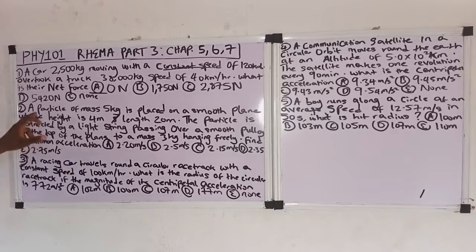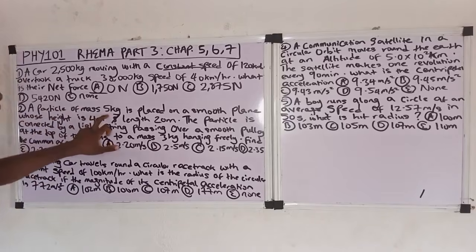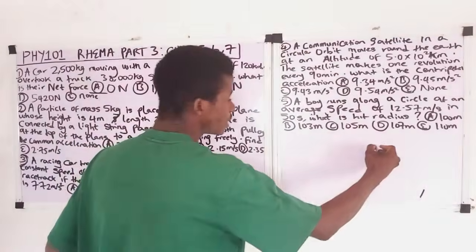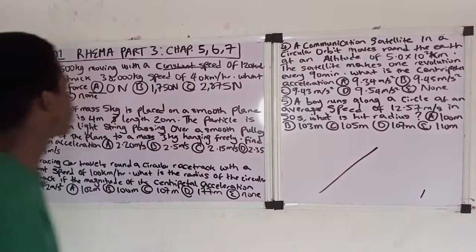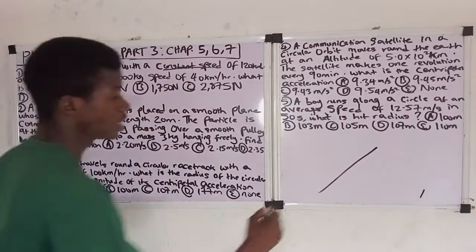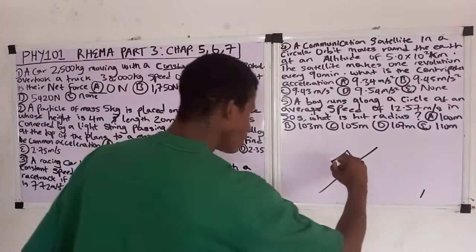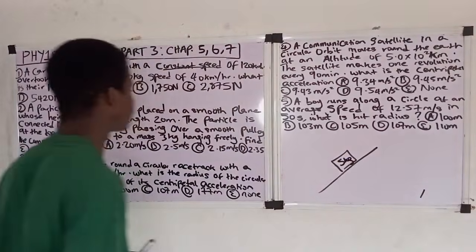They say a particle of mass 5 kg is placed on a smooth plane. Let's say this is the plane, and this is the particle. It has a mass of 5 kg.